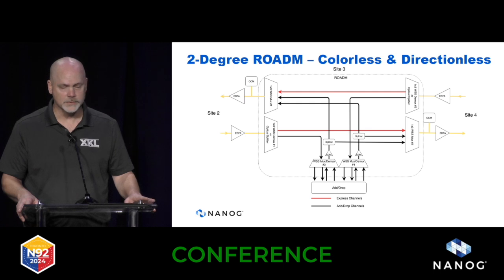So keep in mind, again, this is one example of how you can build a 2-degree colorless directionless ROADM. Now also notice on the ingress of each side, it says WSS or it says an optical splitter. So you could build this with fewer WSSs, save a little bit of money, and still get the functionality that you're looking to obtain from this.